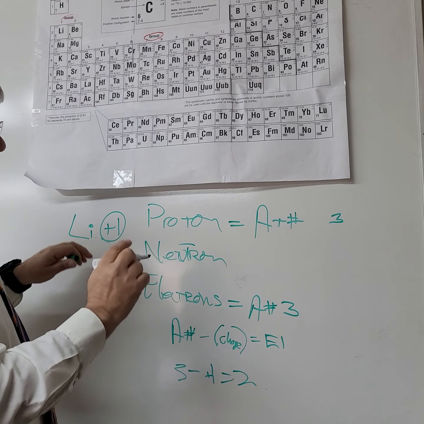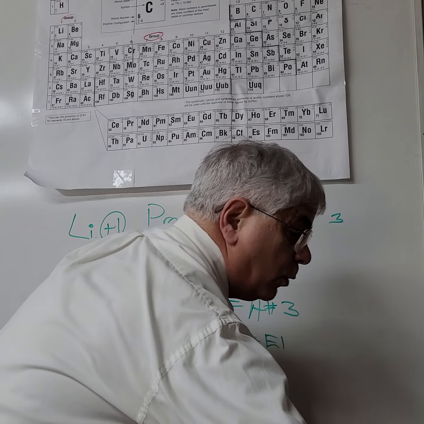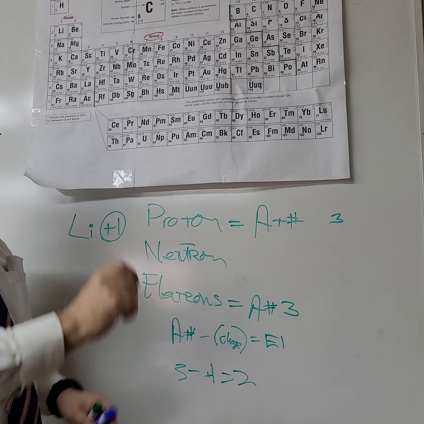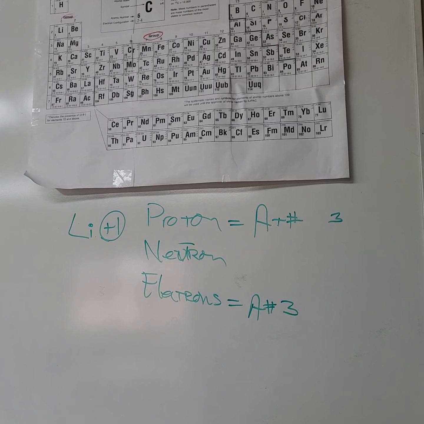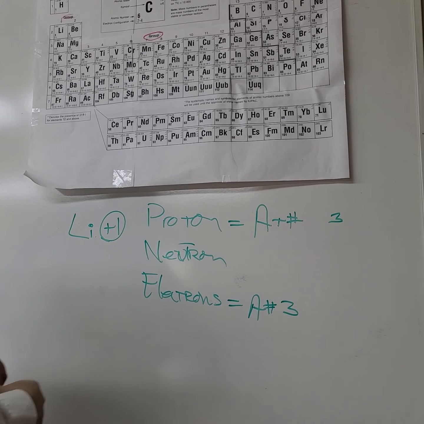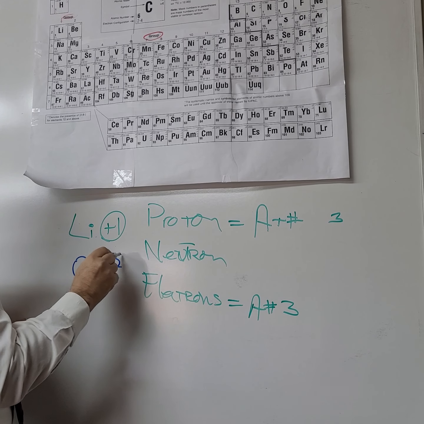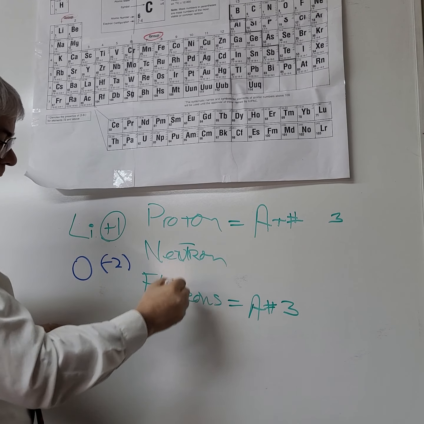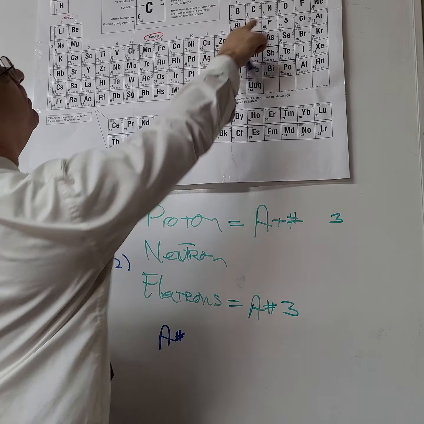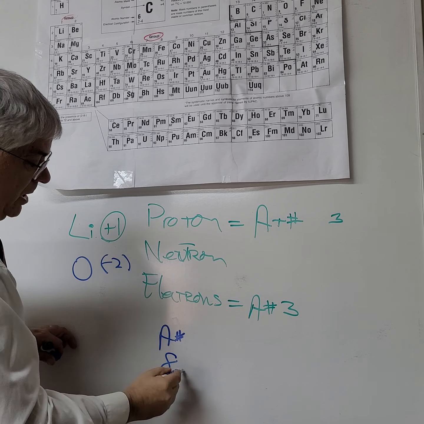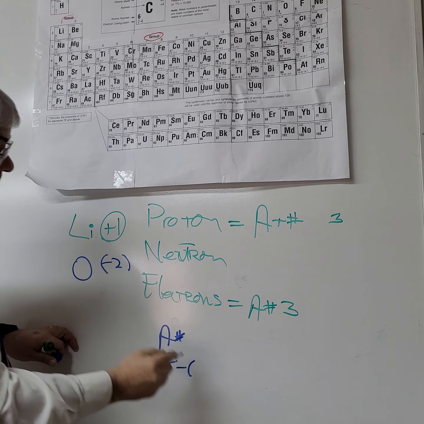Okay, where it can get a little tricky is when we come to this side of the periodic table, where we generally have negatives. So if we're dealing with, say, an oxygen molecule, that's usually got a charge of -2. So to find our number of electrons, we do our atomic number, which is 8, and then we subtract our charge, which is -2.